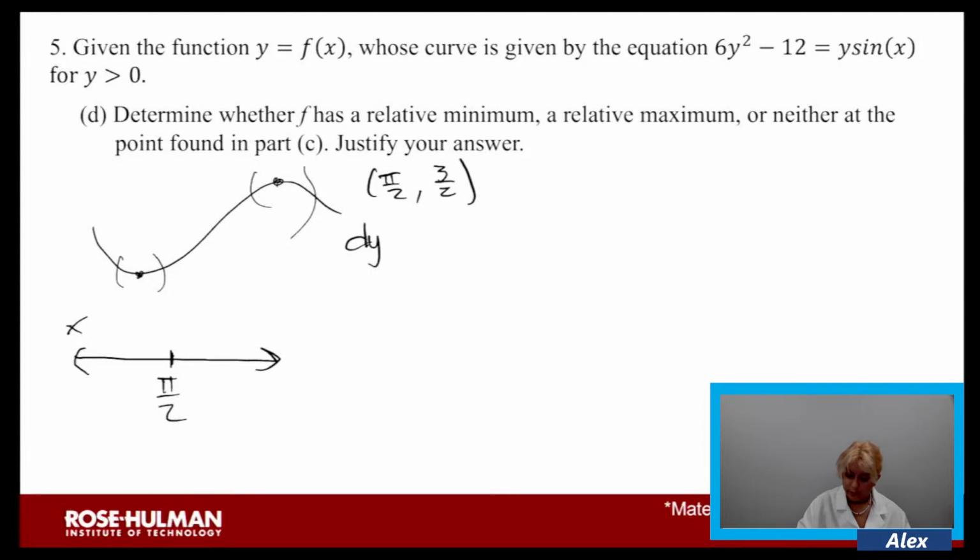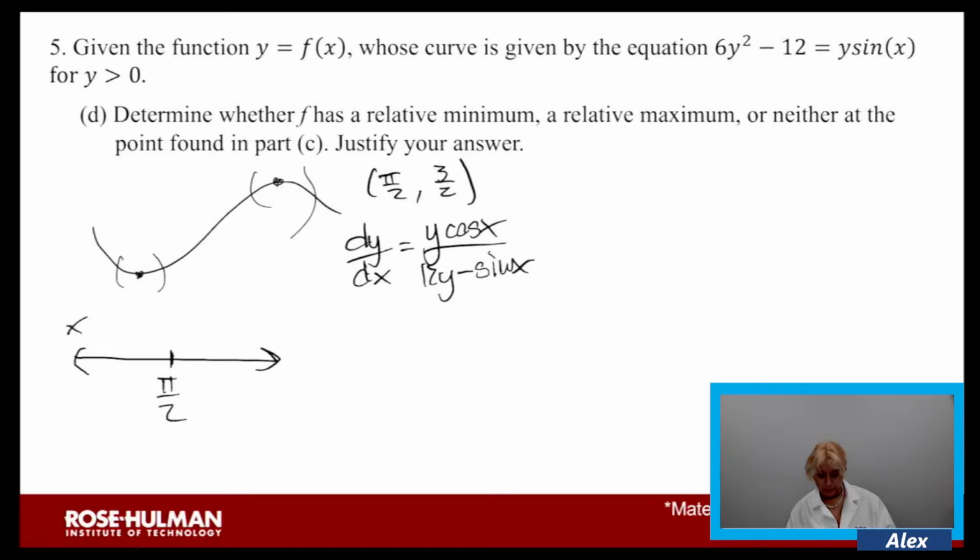So our slope dy dx is y cosine x over 12y minus sine of x. So if we choose a number that is to the left of pi over 2, like let's say 0, then we can plug that in, and from our previous portion, we know that that is negative 1 over 6, so that's a negative number.